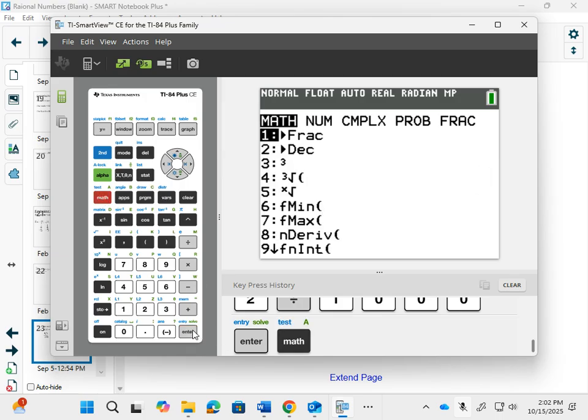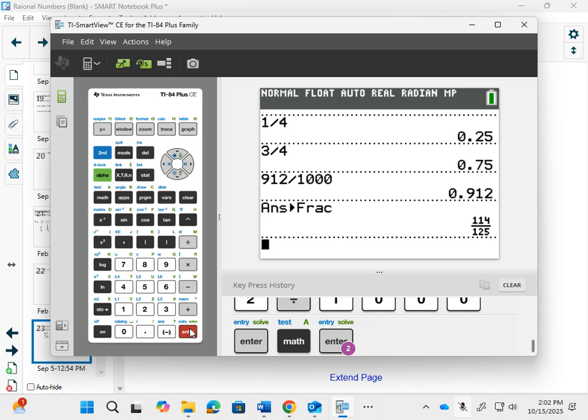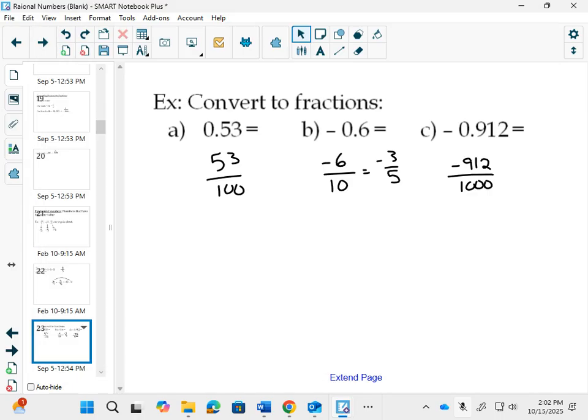It says change it back to a fraction, and when it changes it back to a fraction, it puts it in lowest terms. So this is equal to negative 114 over 125. Your calculators can do that. You should check if your calculator can do that. If you don't know how, show it to me. I'll see if I can figure it out.